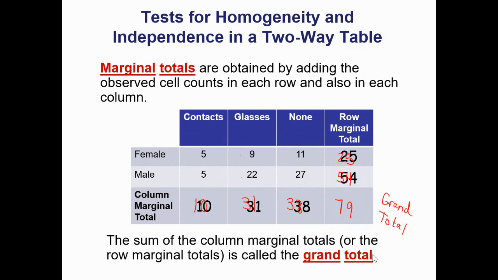So the sum of the column marginal totals or the row marginal totals we call the grand total. It's also the total number of observations that you've done.